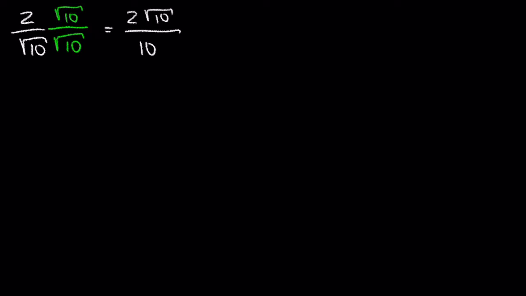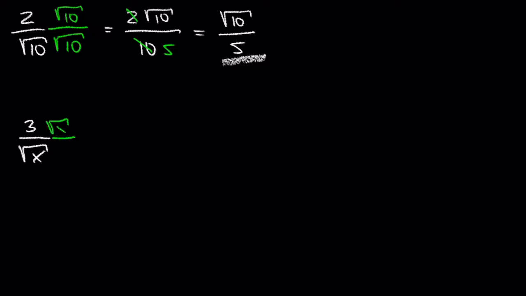After cancelling out the 2 and 10, we get the square root of 10 over 5. Three over the square root of x. Again, multiplying the top and the bottom of the fraction by the square root of x gives us 3 times the square root of x over x.